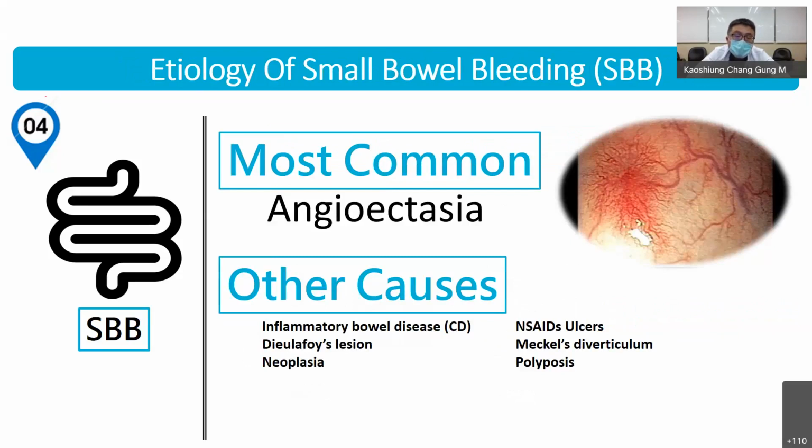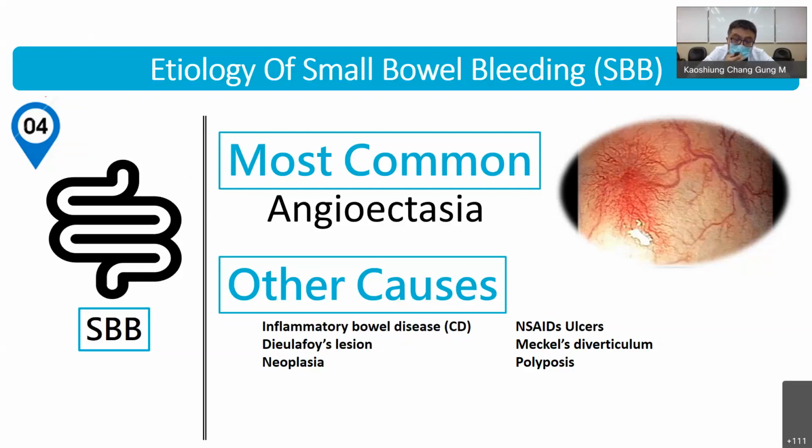The most common etiology of small bowel bleeding is angioectasia, as in the picture on the right side. Angioectasia is one example of vascular malformations. And angioectasia is more common in ESRD patients, that means patients with chronic kidney failure under hemodialysis.